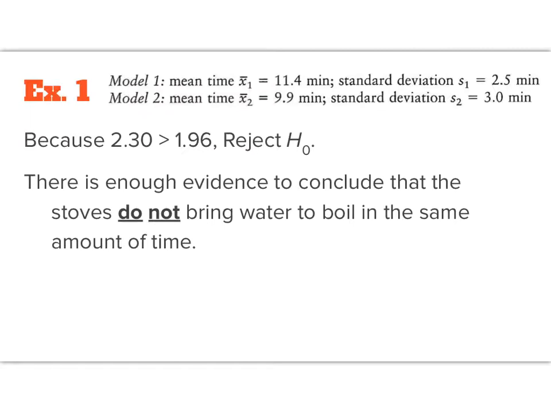We ended up further out to the right than that positive critical value, that boundary line. So we will reject the null hypothesis and say that there is enough evidence to conclude that these stoves do not bring water to boil in the same amount of time. Specifically, that Model 2 is doing it faster.